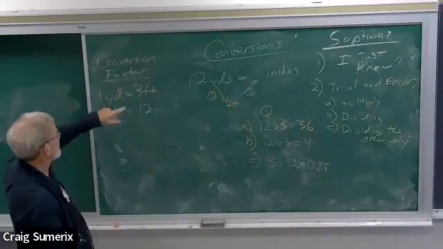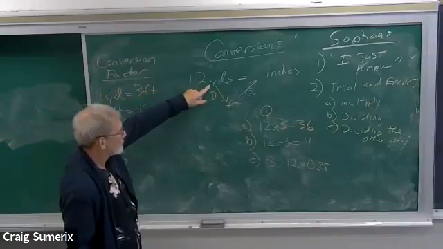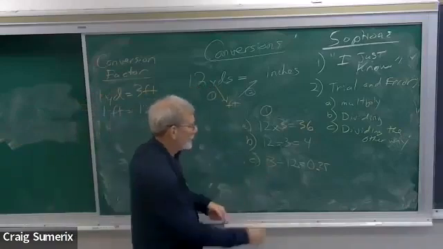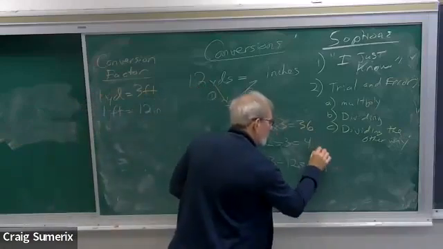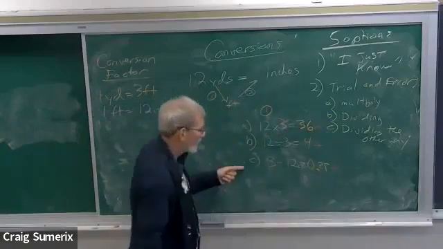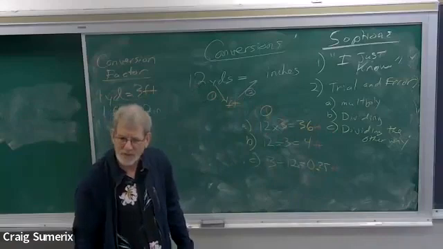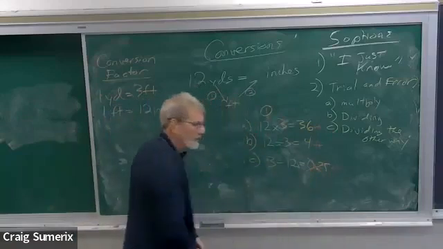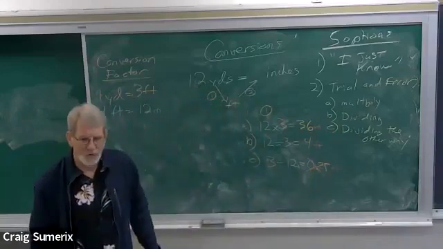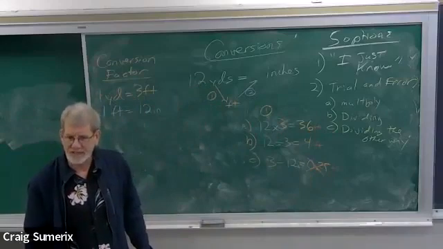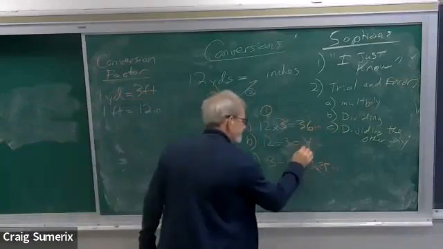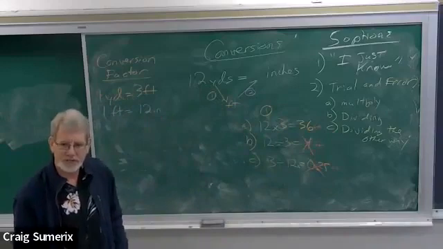Yeah, and plug it back in. 12 yards is equal to, we're going to feet here, right? 12 yards is 0.25 feet. Does that make any sense? 12 yards is 4 feet. Does that make any sense? 12 yards is 36 feet.